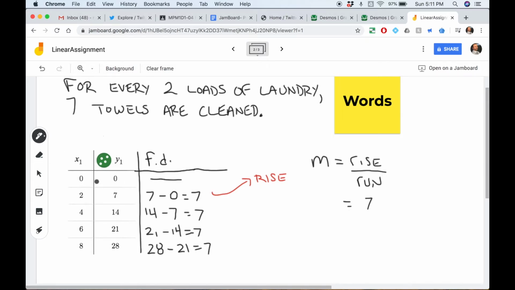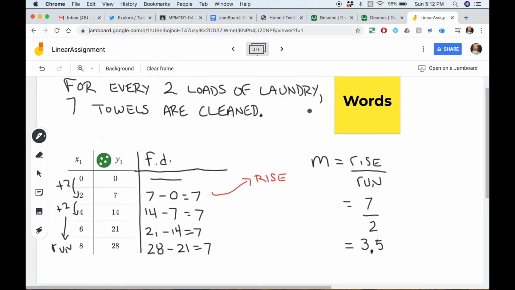Now normally when we calculate first differences, our x values go up by 1, but here we can see that the x values are going up by 2 every time. Well, that corresponds to a run of 2, which makes sense. For every 2 loads of laundry, I clean 7 towels. 7 divided by 2 would be 3.5.